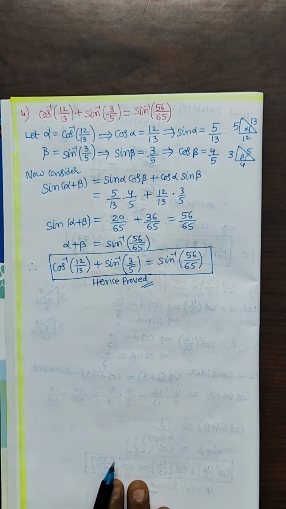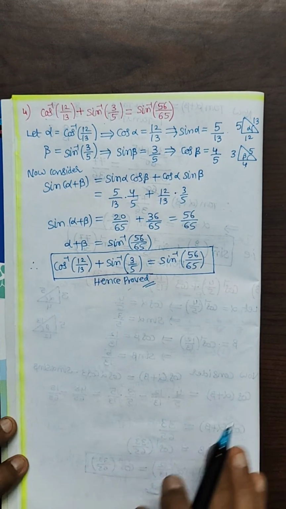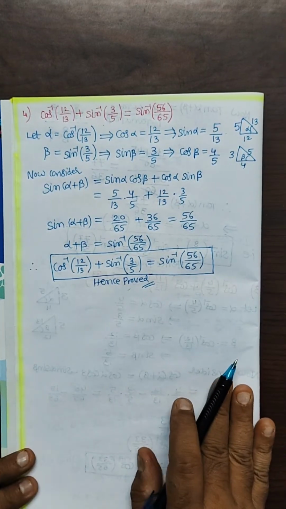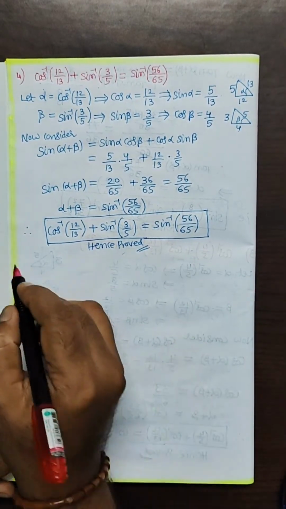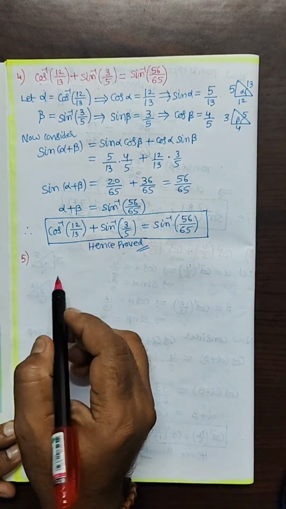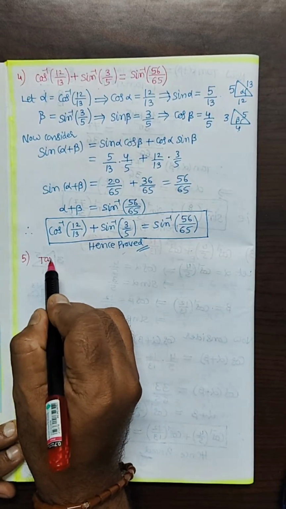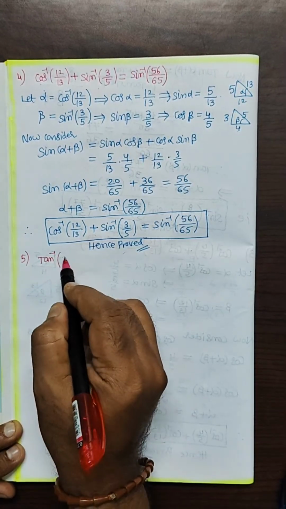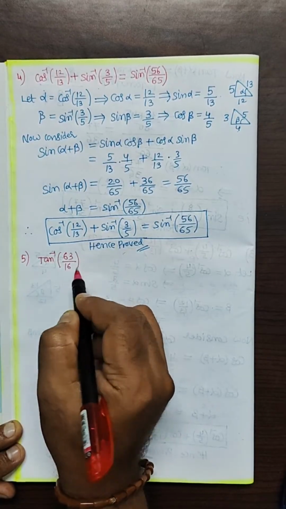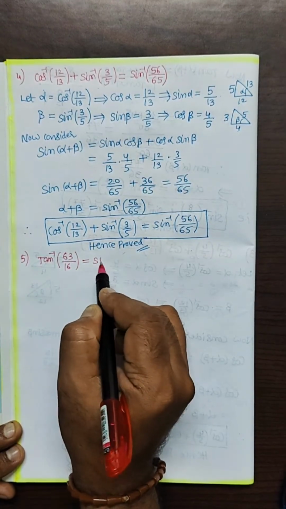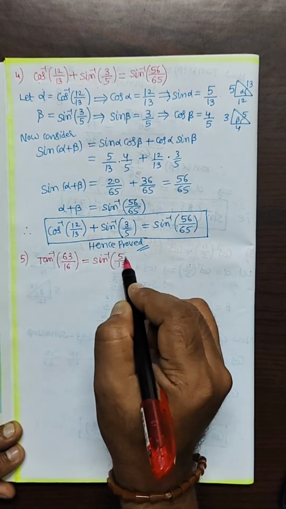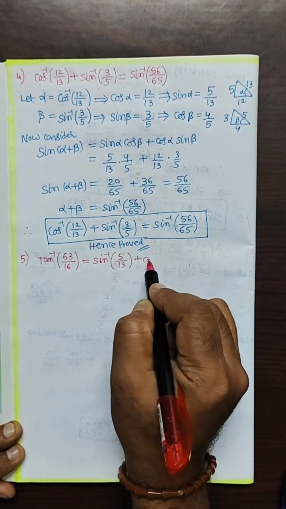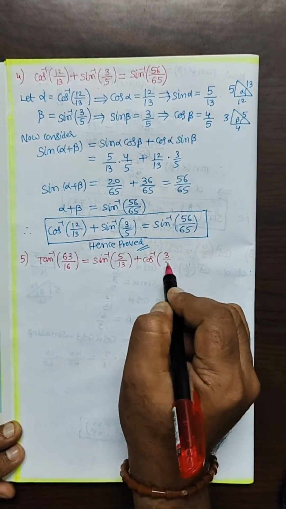Okay, dear students, we'll move to question number 5. In question number 5, what they are asking is, prove that tan inverse of 63 by 16 is equal to sin inverse of 5 by 13 plus cos inverse of 3 by 5.